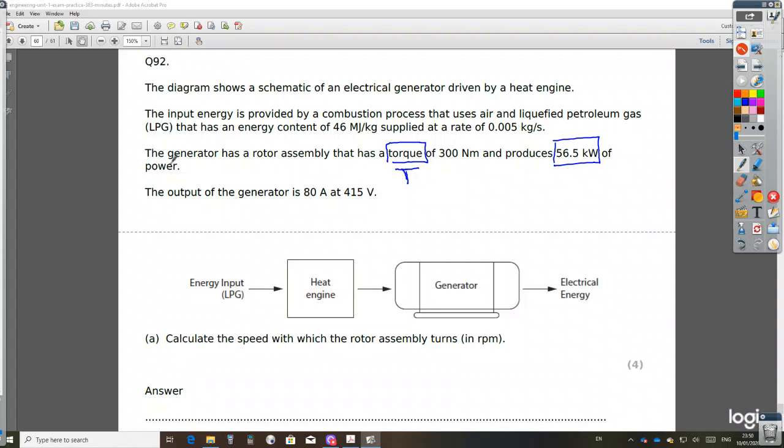So, the relationship of power and torque is given by the equation P is equal to torque times omega. Omega is the angular velocity.